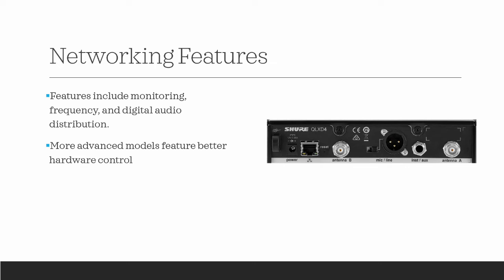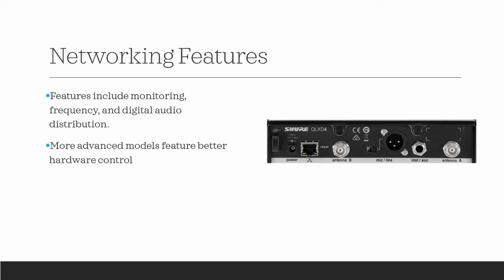Some other features we want to look at: as we get into the higher end systems, we start to notice features in terms of networking. As I talk about in the next video on frequency coordination, I personally use Shure systems throughout all my wireless. We'll talk through Wireless Workbench. All of that comes together with networking.